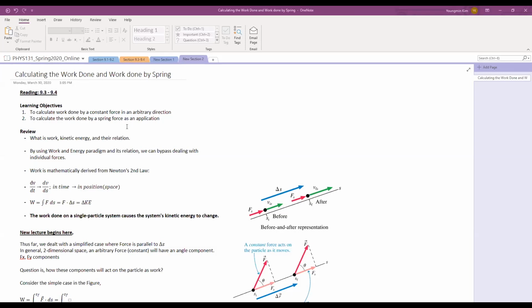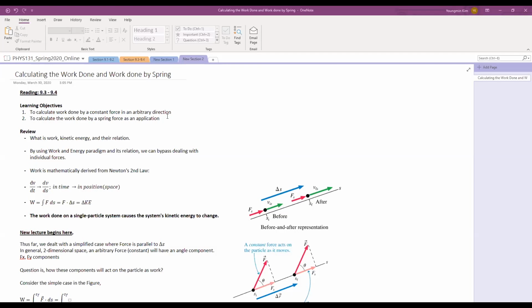Let's do a quick review from yesterday, from lecture video number 1. We learned what is work, and we learned about what is kinetic energy and their relationship.